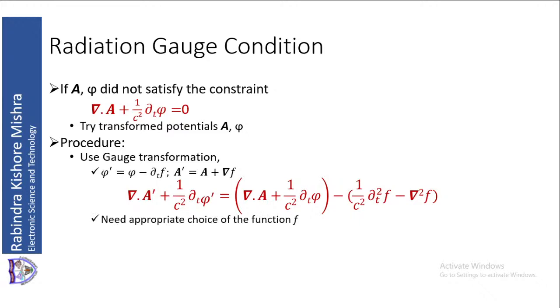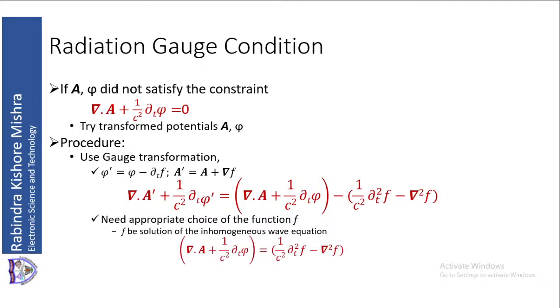Now we require an appropriate choice of the function f. If we choose f appropriately, then f will be the solution of an inhomogeneous wave equation. So we have to choose f appropriately. When we choose f appropriately, the term divergence of A dash plus 1 by c square dot t phi dash will be equal to 0. If we equate that to 0, then the right hand term is equated to 0.